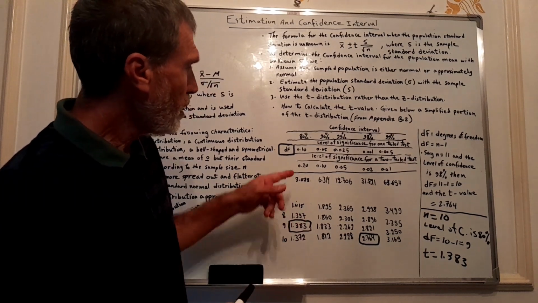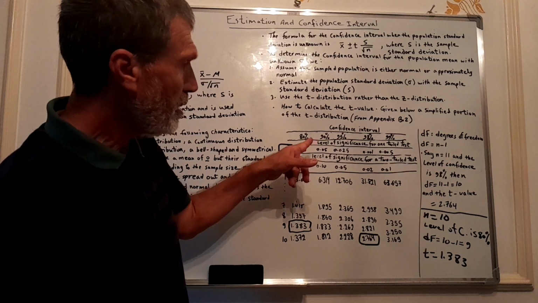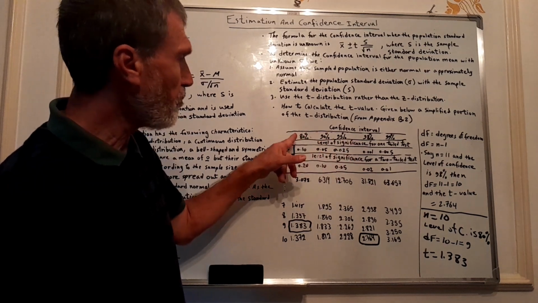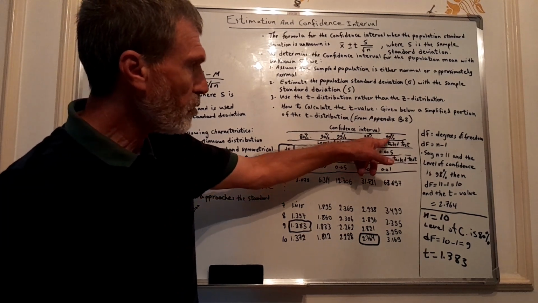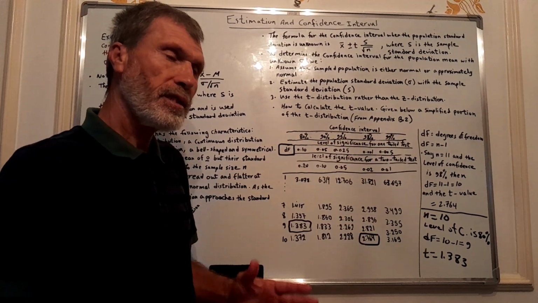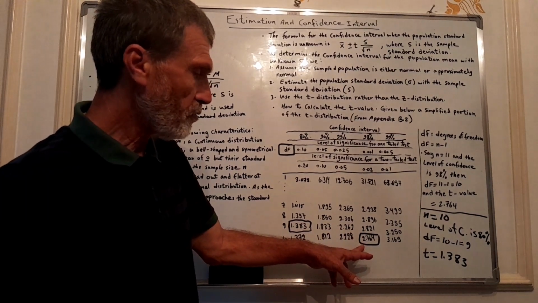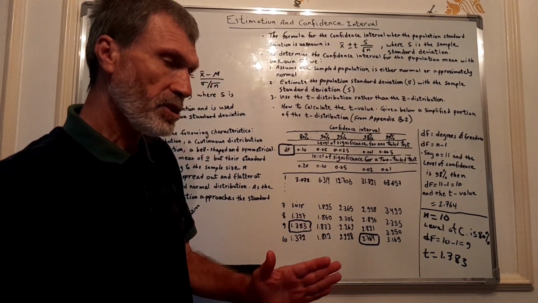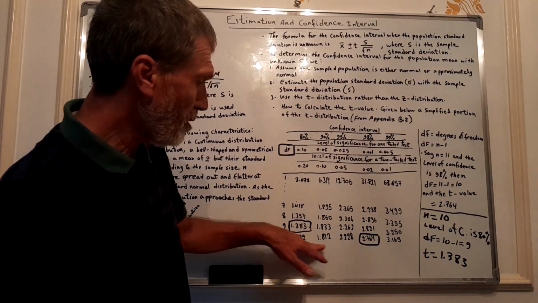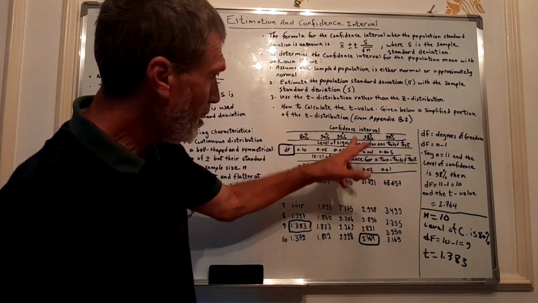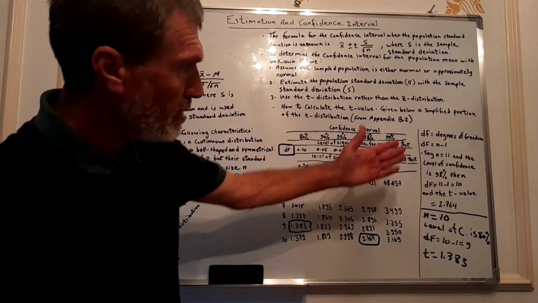All you have to do is find the degrees of freedom, and then the corresponding level of confidence, whether 80 or 90 or 95 or 98 or 99, and the value that you will find for t is at the intersection of the row of the degrees of freedom and the column of the level of confidence, and you come up with the value as I show you over here.